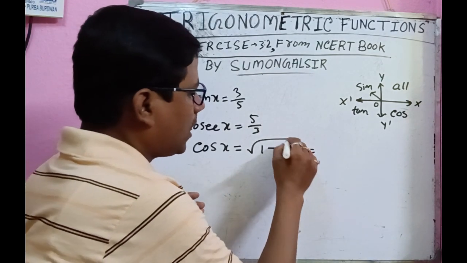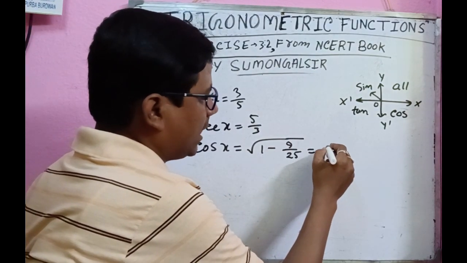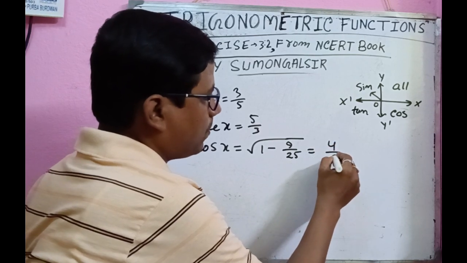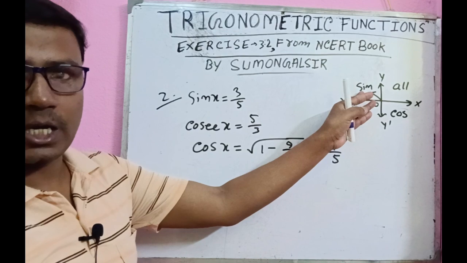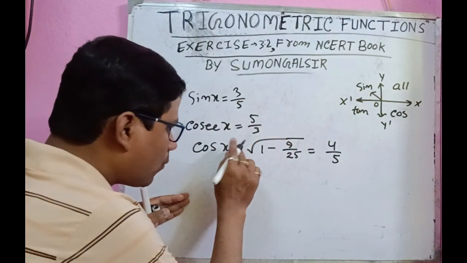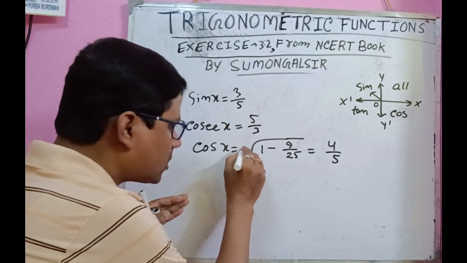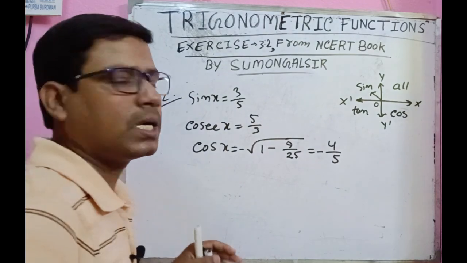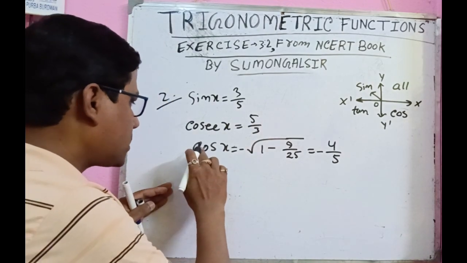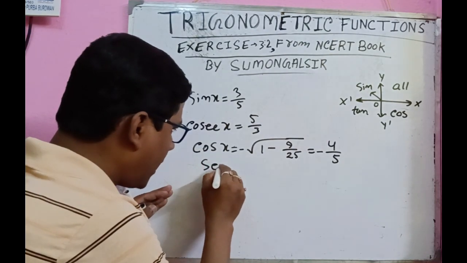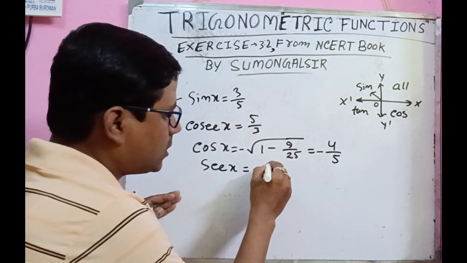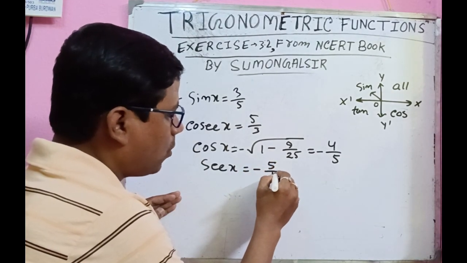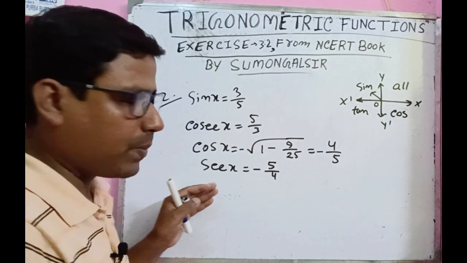Now calculating, we get 4 by 5. Since this is the second quadrant, the value of cos must be minus. This is the cos of x. Now sec x is equal to the reciprocal of this, so minus 5 by 4 is the sec x.